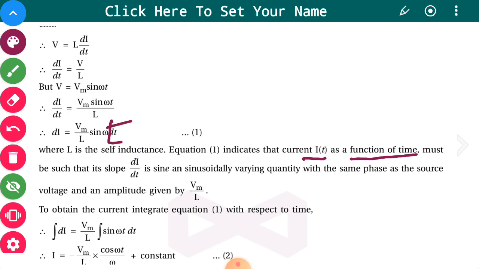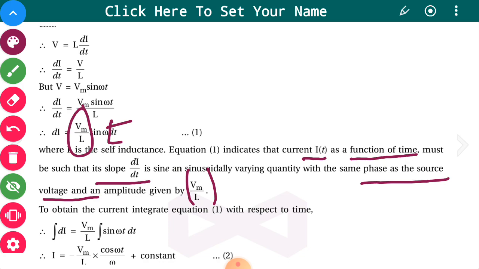As time changes, the value of the sine function changes and the current changes. So I of t as a function of time must be such that its slope is di by dt. It is sinusoidally varying with the same phase as the source voltage, and the current has the amplitude Vm upon L.